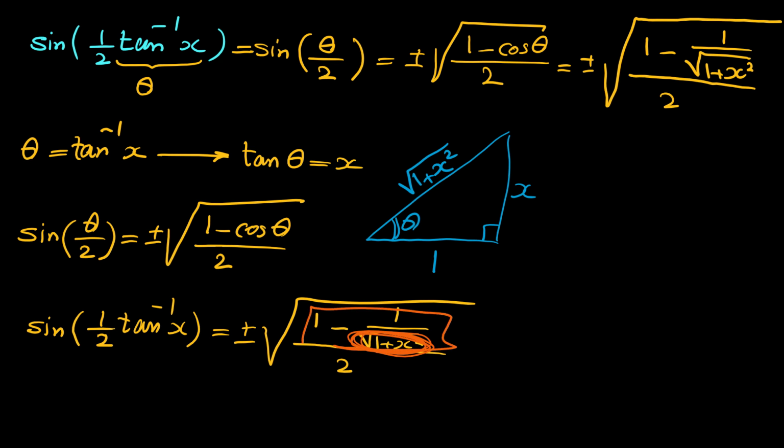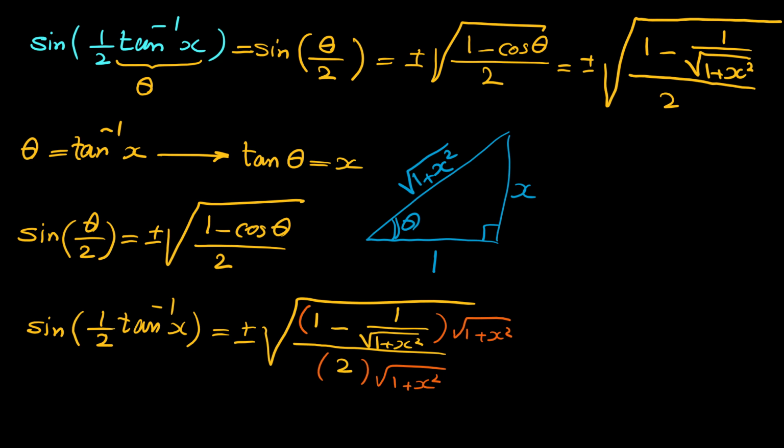You can think of doing a common denominator in the numerator, then dividing by 2, but maybe this way is a little better: multiply the numerator and the denominator by radical 1 plus x squared. The reason is that we want to eliminate this denominator, and for that we multiply the numerator and denominator by the radical.